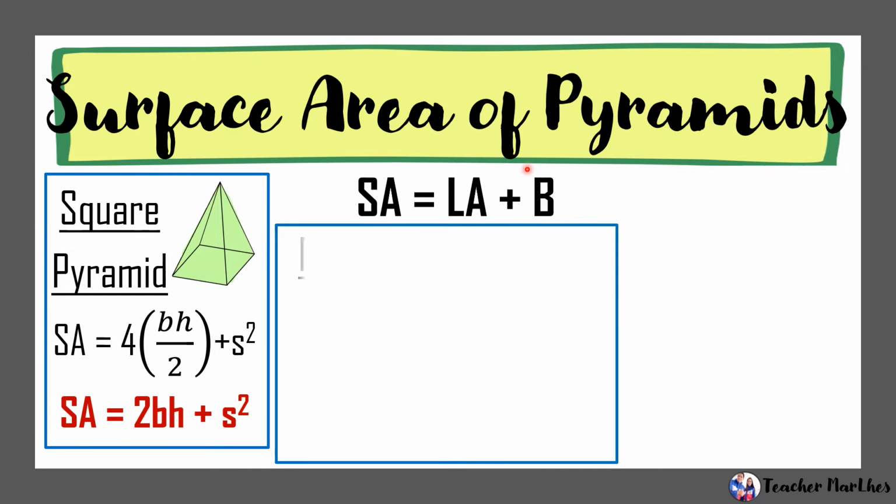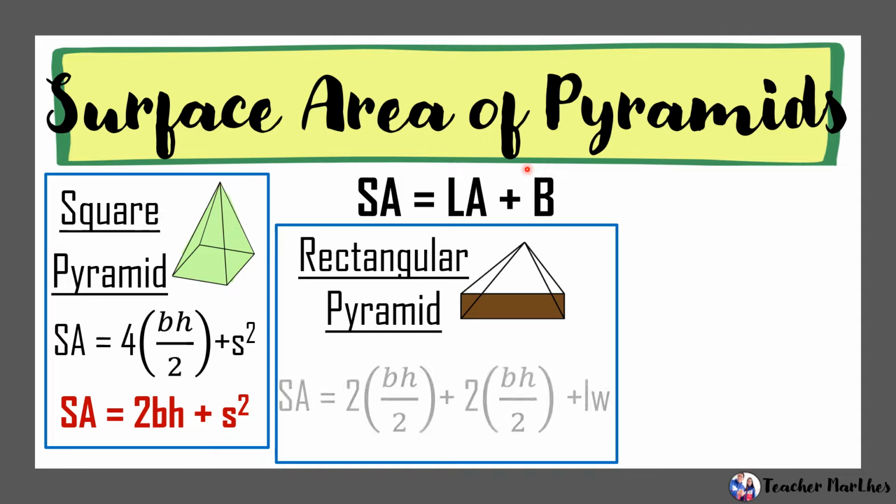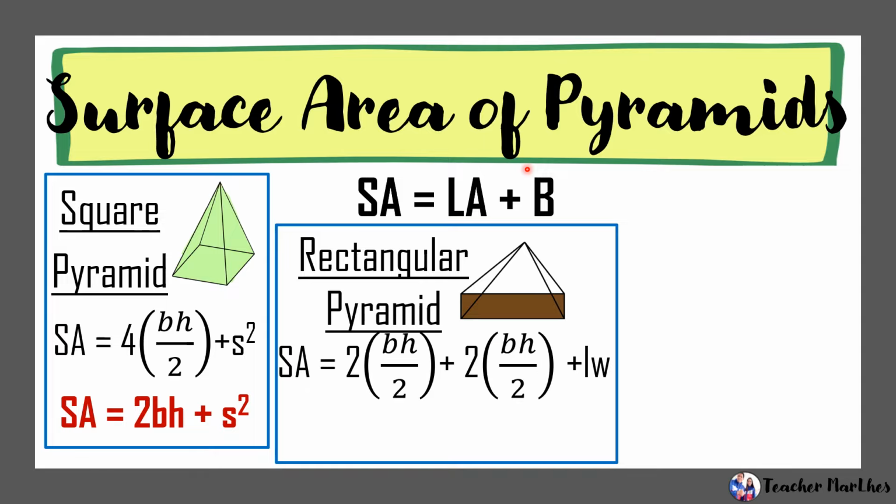So, para naman sa rectangular pyramid, magkahiwalay yung 2 times base times height kasi hindi magkapareho ang sukat. Yung front and back ang magkapareho, ang left and right faces naman ang magkapareho. Then, plus length times width since rectangle ang base.